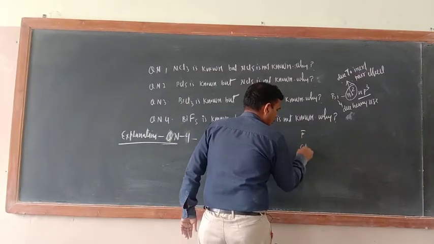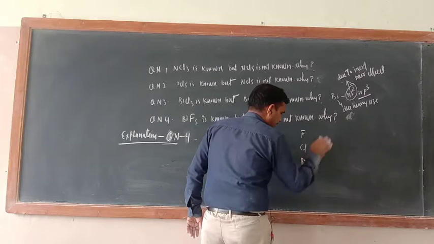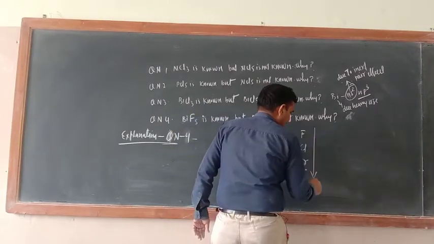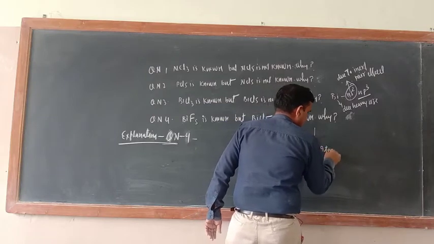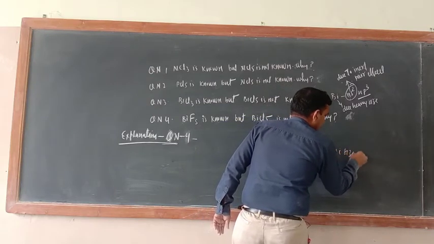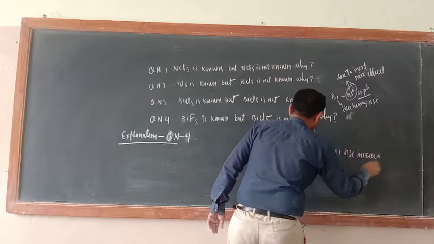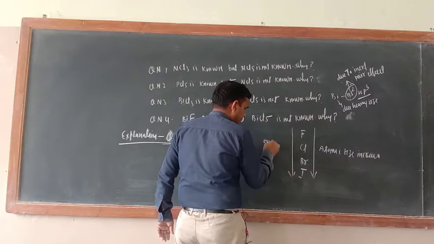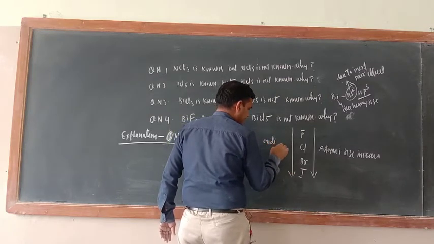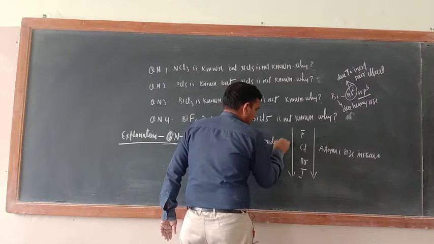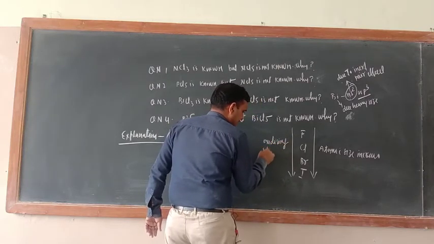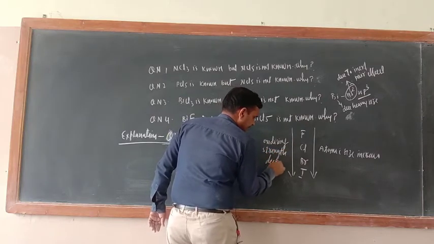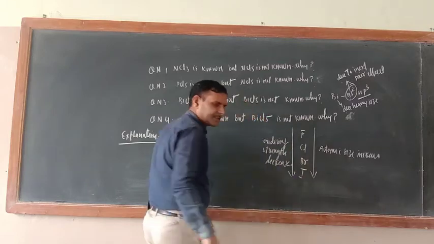Fluorine, chlorine, bromine, iodine. These are the halogens. Okay, no problem. Down the group, atomic size increases. And down the group, oxidizing strength decreases, means the ability to oxidize others decreases.